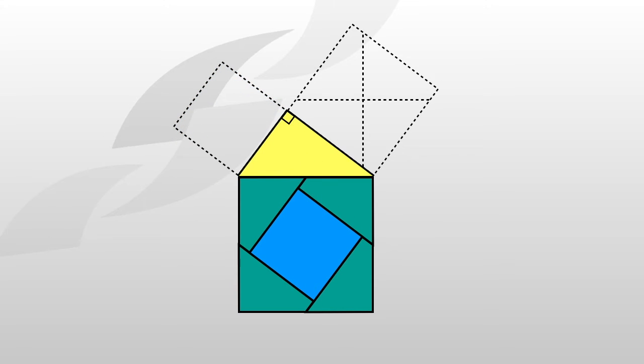Finally, let's move the blue square to complete the area of the largest square. Because these pieces form an area equal to the area of the largest square, we can see that the sum of the areas of the smaller squares equals the area of the largest square. So this shows visually that the Pythagorean theorem is true for all right triangles.